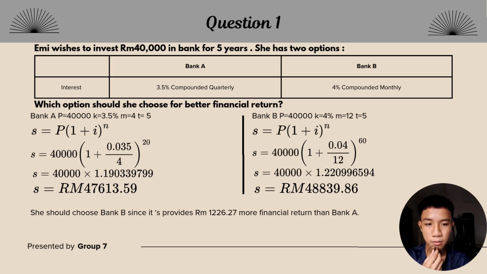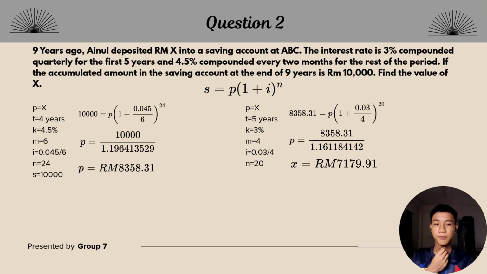So after putting the numbers in both equations, we can find that Bank A will provide 47,613 ringgit 59 cents. Meanwhile, Bank B will provide 48,839 ringgit and 86 cents. So she should choose Bank B since it provides 1,226 ringgit and 27 cents more financial return than Bank A. That's it for question 1.